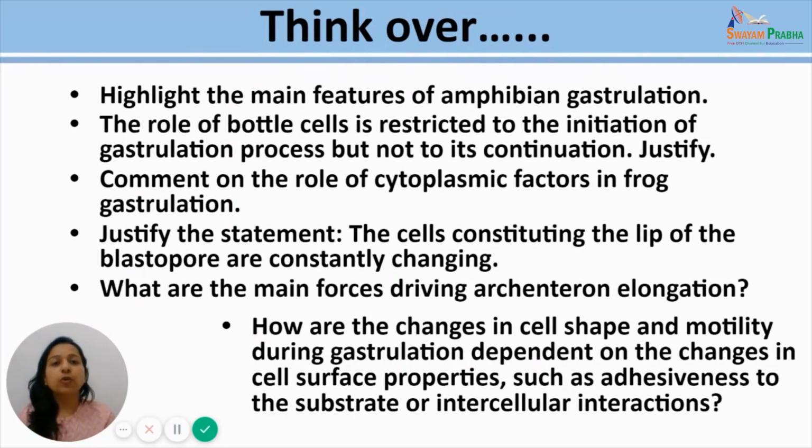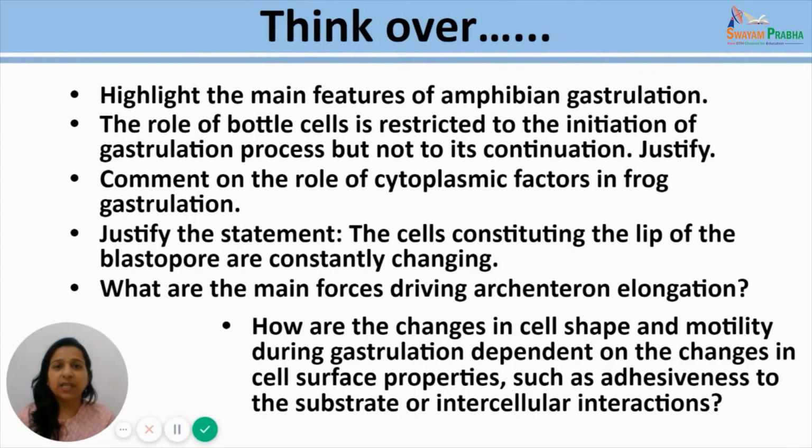Can you comment on the role of cytoplasmic factors in frog gastrulation? We have discussed a number of cytoplasmic factors in different slides, so you have to compile all of them if you are asked such kind of question. Then, can you justify the statement, the cells constituting the lip of the blastopore are constantly changing?